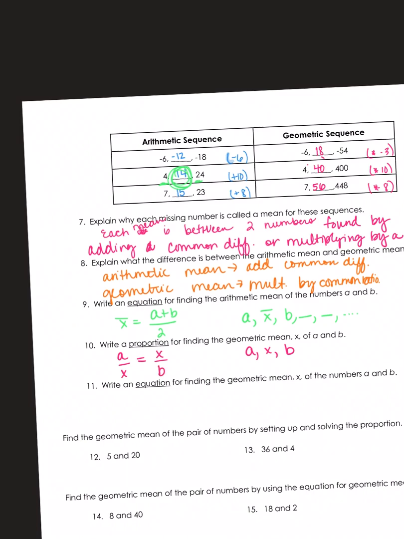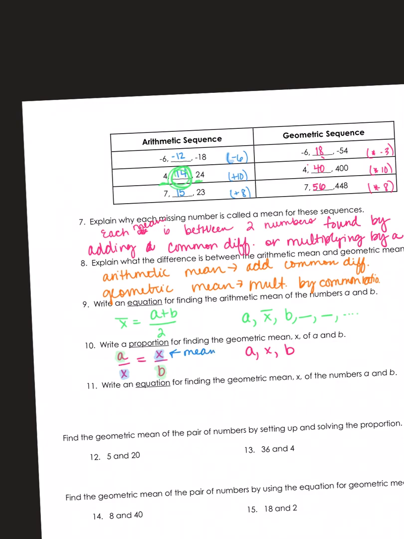Now if you remember, in our similarity unit, we talked about a and b being called the extremes, and x being called the means, okay? And that's why.